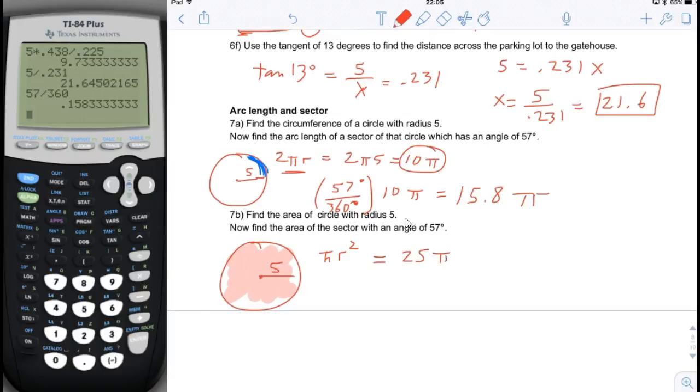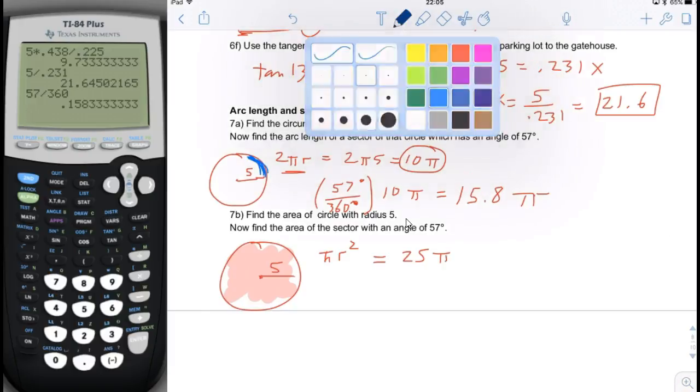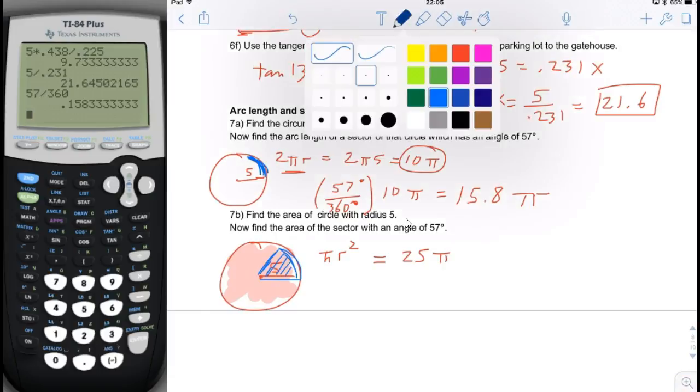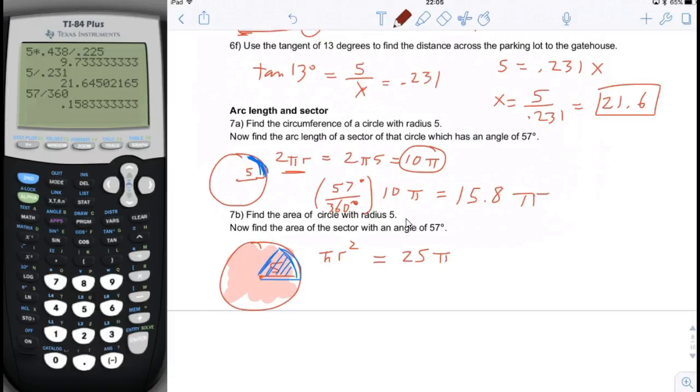Now, if I want to know the area of a sector with an angle of 57 degrees, then basically what I'm looking for is, here's 57 degrees again, the area of this pizza slice. So how am I going to do that? Again, I am going to multiply by a fraction, which is going to be a proportion of 57 degrees to the total area or sector of 360 degrees.